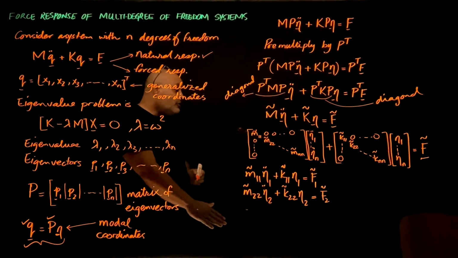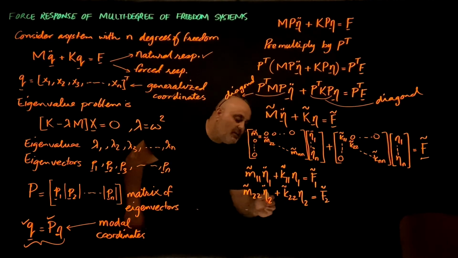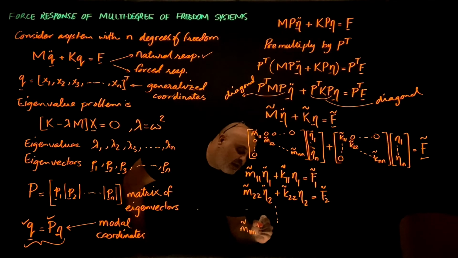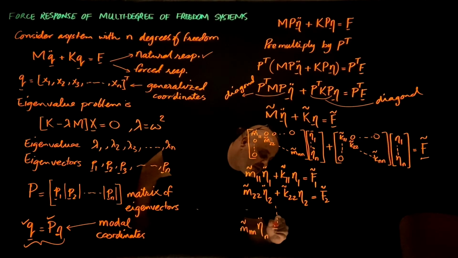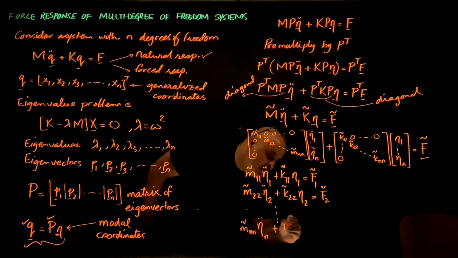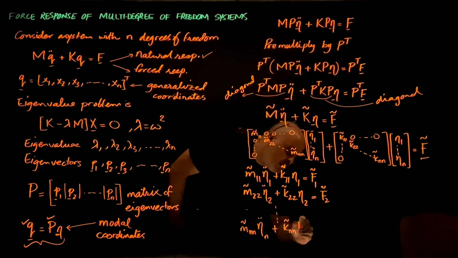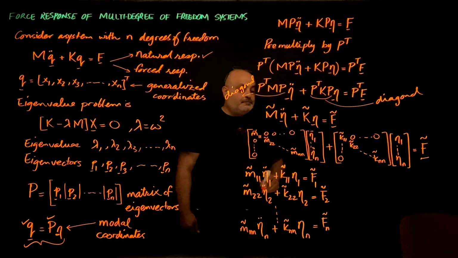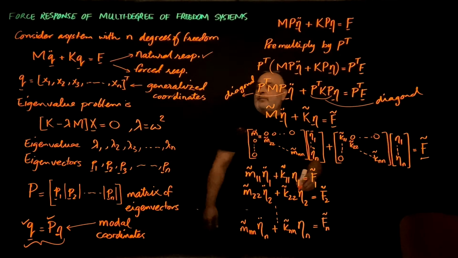And if you continue all the way to n, the last equation will be Mnn tilde times eta n double dot plus Knn tilde eta n equals Fn tilde. So what just happened here?